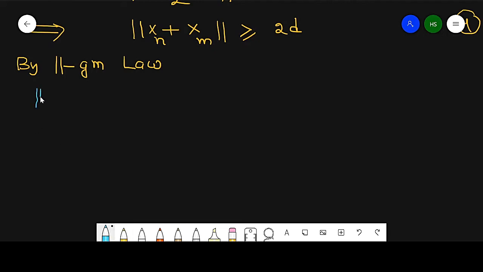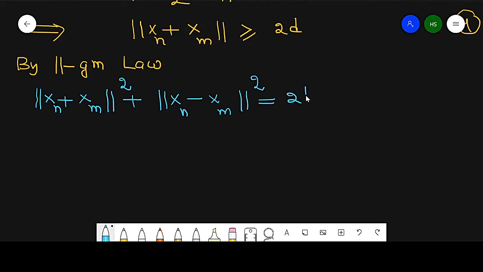The norm of xn plus xm raised to power 2 plus the norm of xn minus xm raised to power 2 is equal to 2 times the norm of xn raised to power 2 plus 2 times the norm of xm raised to power 2.